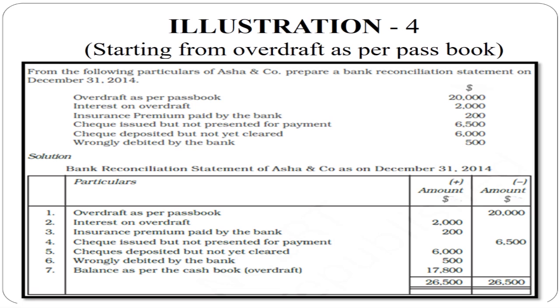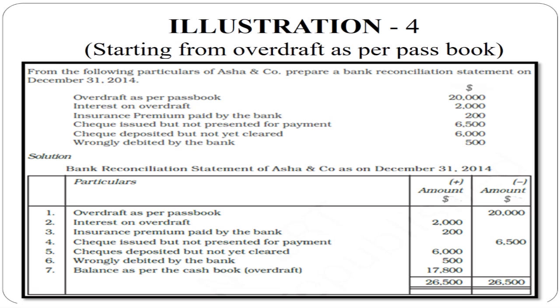And the last entry is wrongly debited by the bank, $500. It means the bank has wrongly, by mistake, debited $500 from your bank. It means the balance of passbook has been decreased by $500. In order to cancel its effect, we will have to increase the balance of passbook by $500.